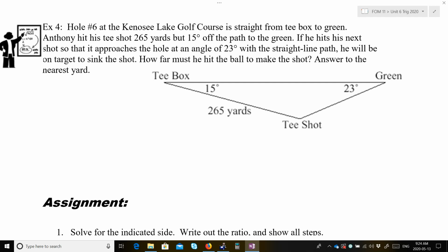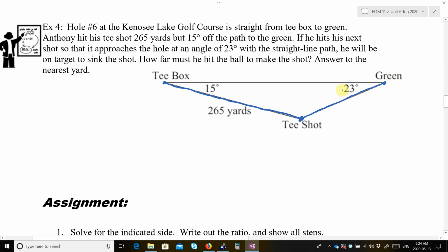How far must he hit the ball to make the shot? Okay. So his initial shot was along here, and it wants to know how far he is going to have to hit the ball along this way to sink it right there on the green.